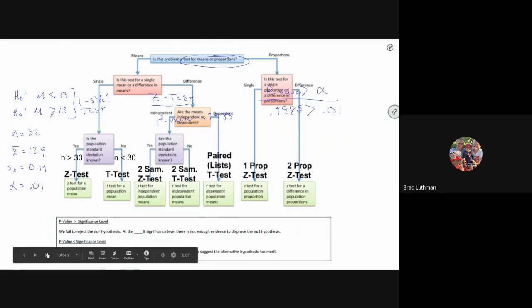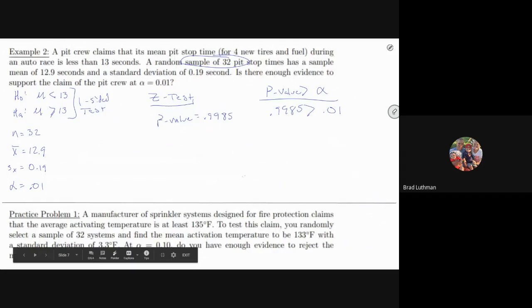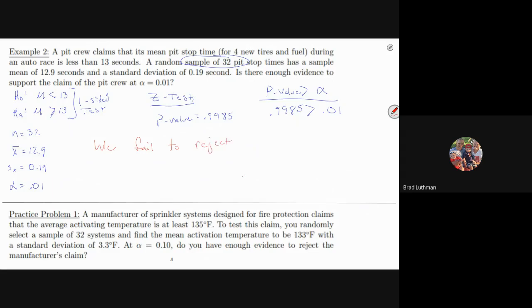Let me write that statement out so you have it: we fail to reject the null hypothesis at the 1% significance level. That's not spelled right. Significance level.